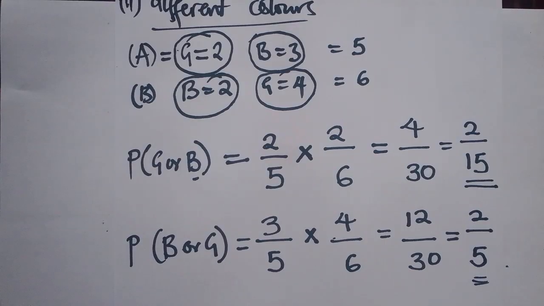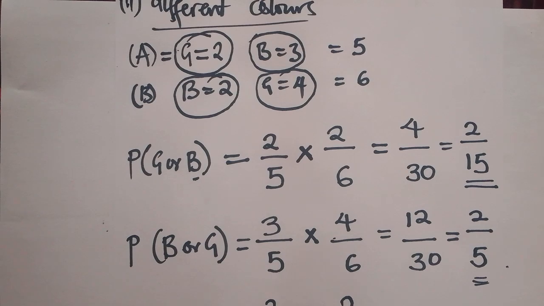So at the end of the day, since these are separate outcomes, you have to add them. Our final probability is 2 over 15 plus 2 over 5.